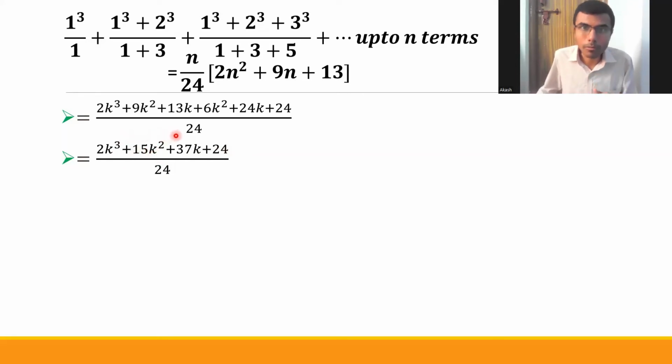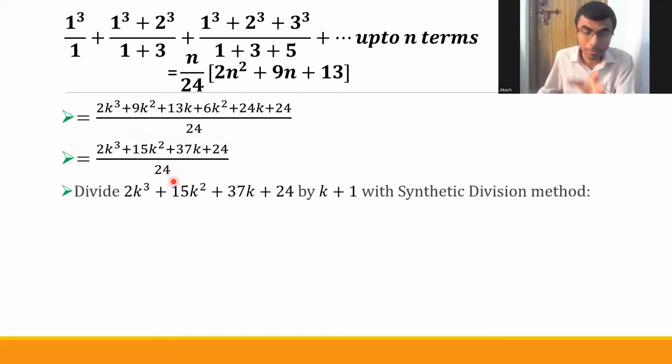So I'm going to divide this cubic polynomial by k plus 1 so that I can get my quotient as a quadratic polynomial. I know that it will leave the remainder 0 because k plus 1 is a factor of this polynomial.